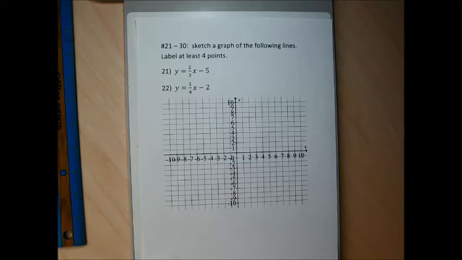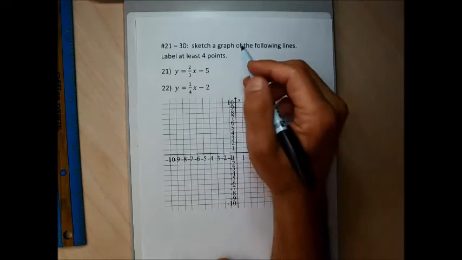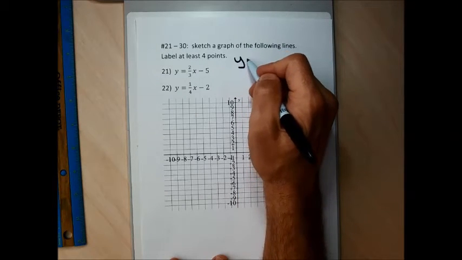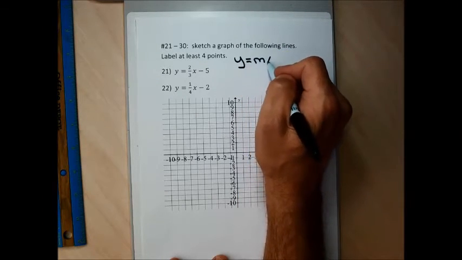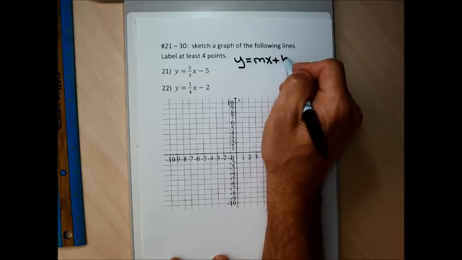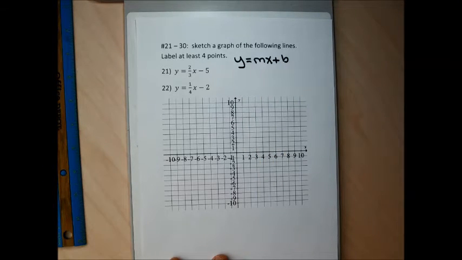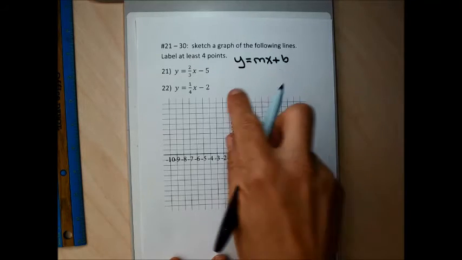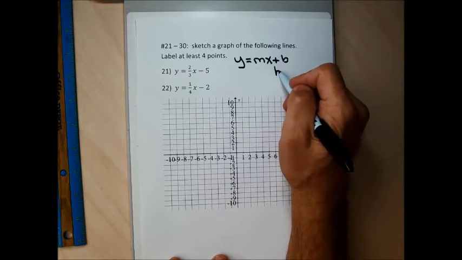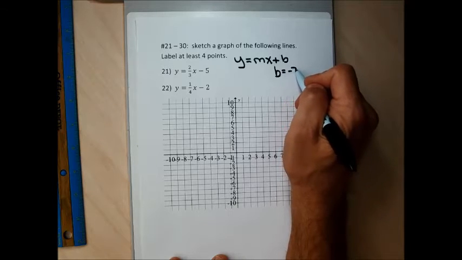You can only do that if the line's written in slope-intercept form, which is y equals mx plus b form. The lines given in problems 21 and 22 are written in y equals mx plus b form. In problem 22, the b, which is the y-intercept, is negative 2.